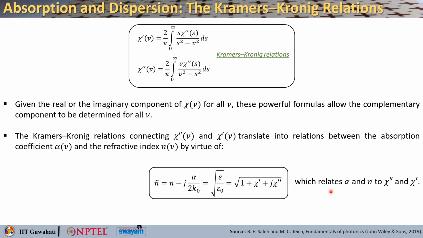So you are relating alpha and n to chi prime and chi double prime, and chi prime and chi double prime are interrelated via the Kramers-Kronig relationship, because if you know one, you can compute the other for all the frequencies. That is how absorption and dispersion get correlated, and that is how you can understand the material property at a given wavelength, which is very important, the dispersion relation.